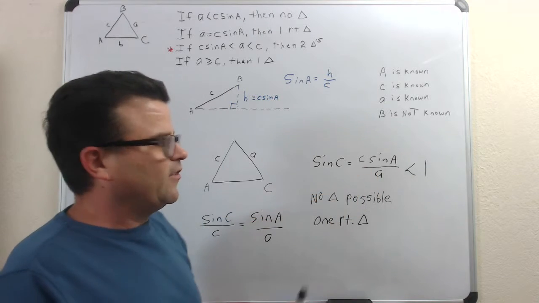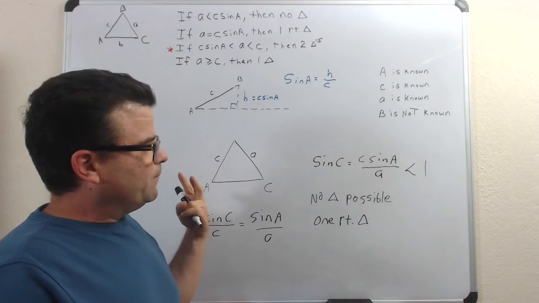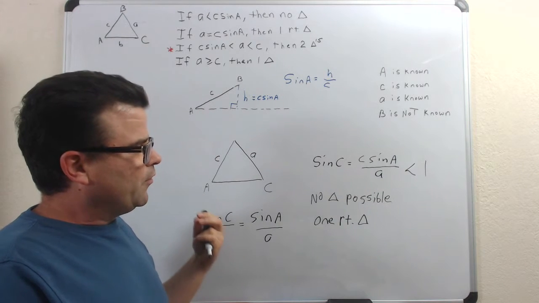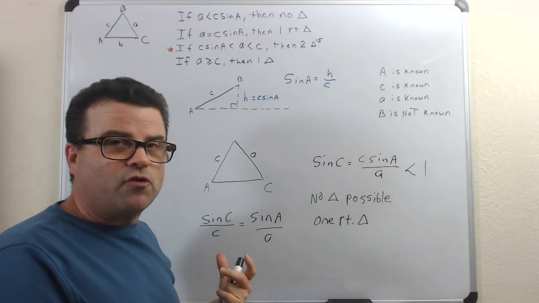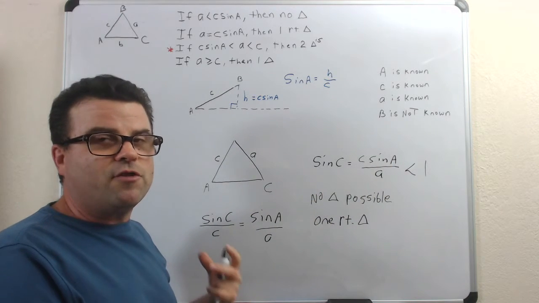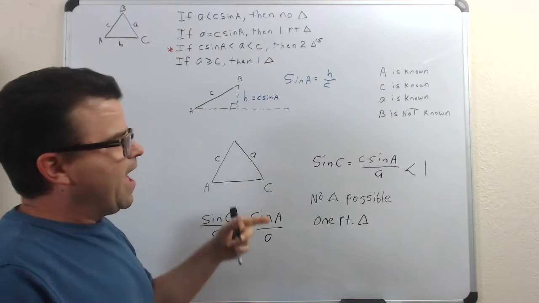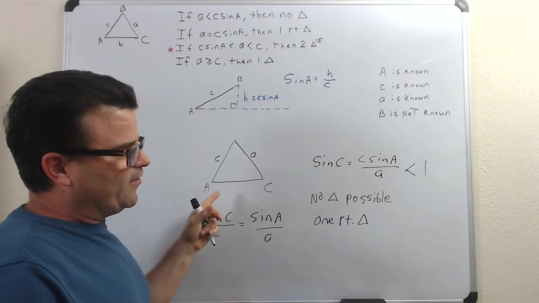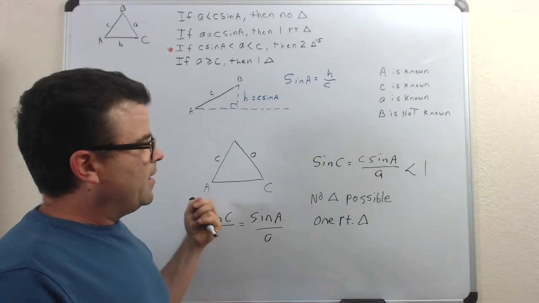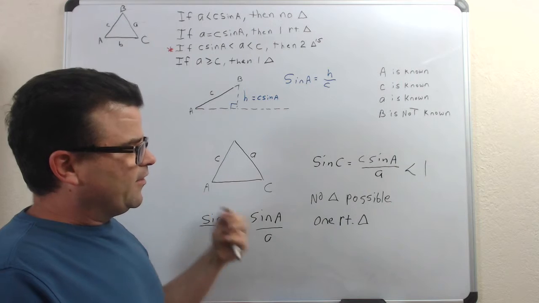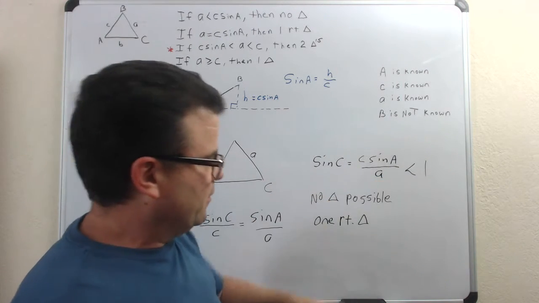If a is less than c, then two triangles exist, and one of the triangles, C is equal to arc sine of that value. The other triangle, C is equal to 180 minus arc sine of that value. If a is not less than c, then only one triangle exists, and C, the angle C, is equal to arc sine of that value.